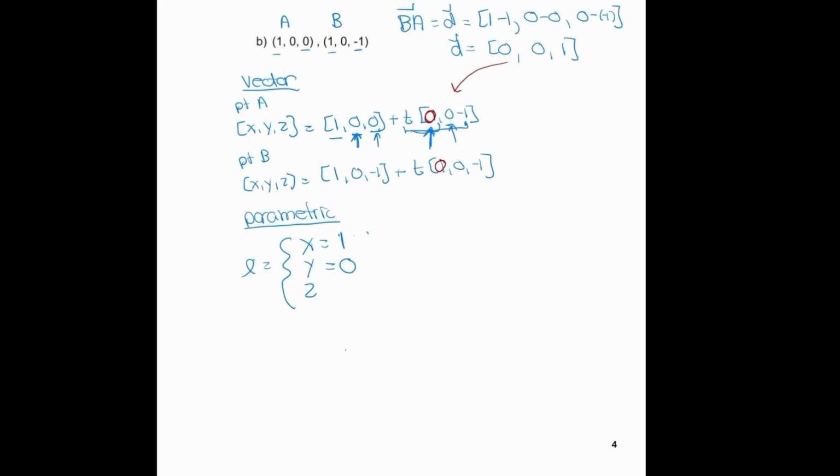And z is going to be equal to z naught, which is 0, plus t times negative 1. So that would be negative t. Okay, so now that we fixed that, let's do our symmetric.